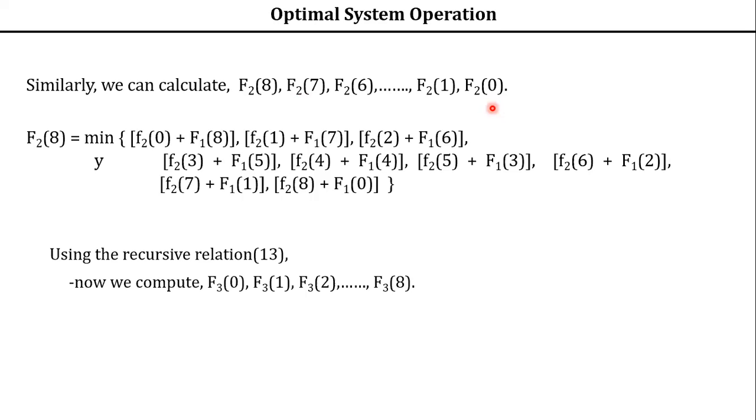Understood? F2 of 7. For all the loads, you have to calculate it. F2. And using the recursive relation, the same one, what I have shown, now you have to compute for F3. The same thing you have to repeat for F3. F3, so F3 of 8, F3 of 7, F3 of 6, etc.